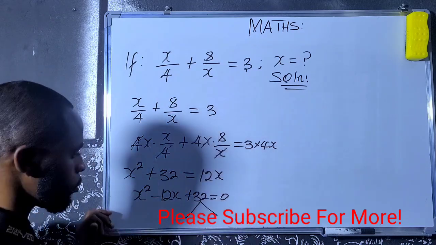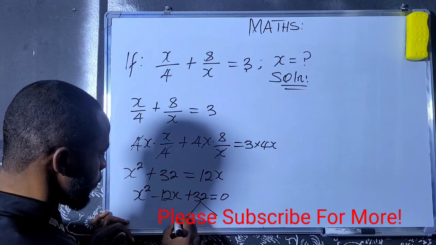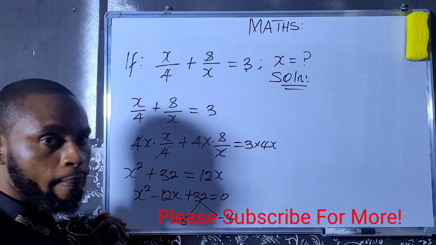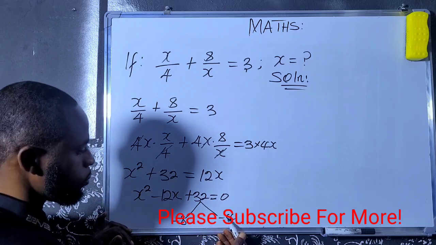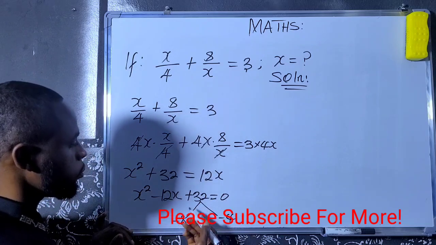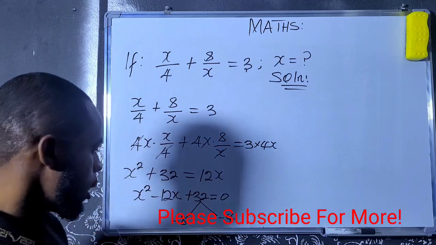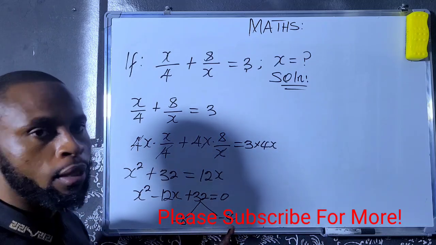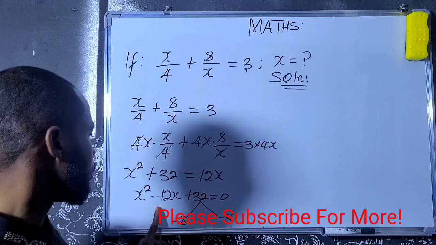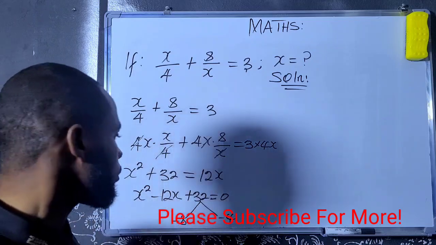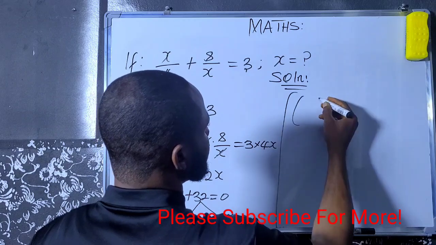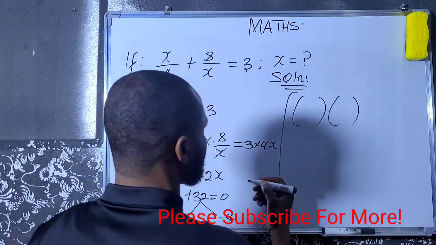Now, let these factors be minus 8 and minus 4. Minus 8 times minus 4 will give you plus 32, and minus 8 plus minus 4 will give you minus 12.